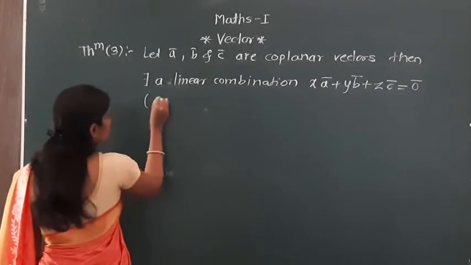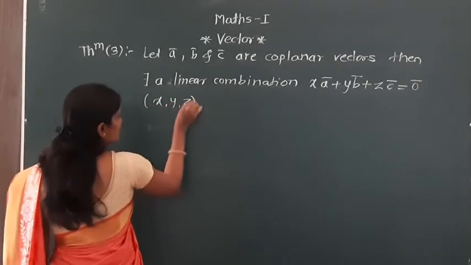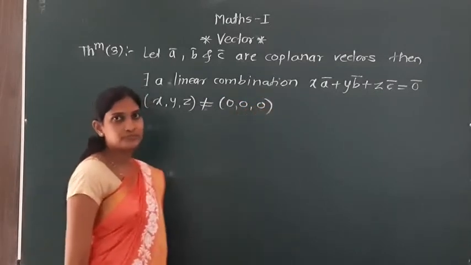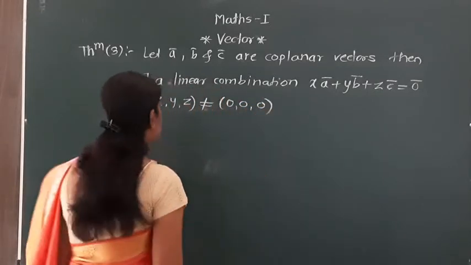And here the condition is that x, y, z are not equal to 0, 0, 0. This is our third theorem.